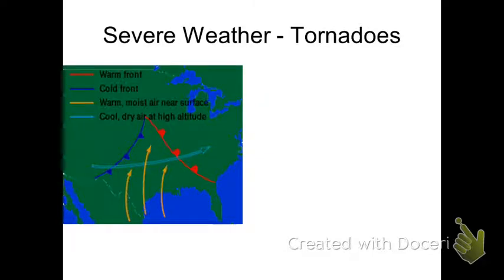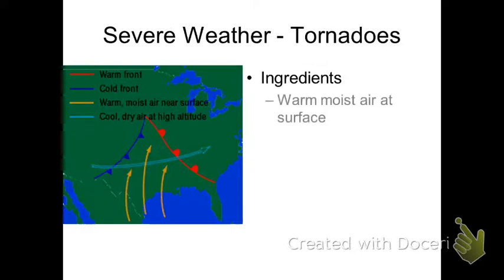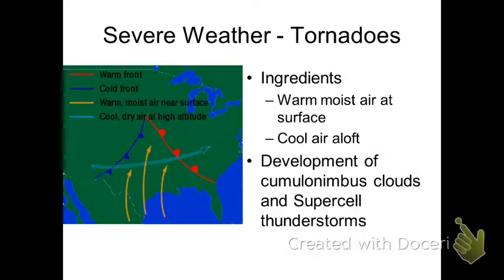And when you get this mixing occurring, you also get spin in the atmosphere, and when everything is situated correctly in the atmosphere, you can get a tornado to form. So, again, you need warm, moist air at the surface, cold air aloft. That gets you to the development of cumulonimbus clouds and supercell thunderstorms, which are just very large, rotating thunderstorms.